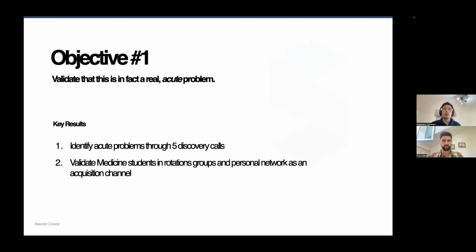Second, validate the willingness to participate in the discovery calls through different groups, especially the medicine students in rotation, and, as I mentioned before, through my personal network, composed of different doctors in a variety of hospitals.